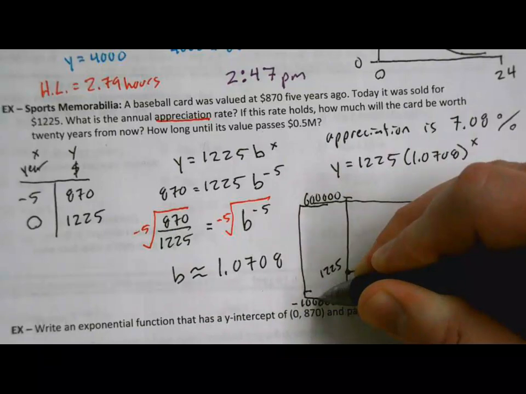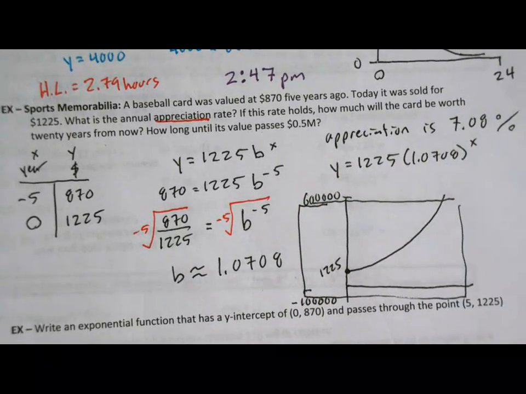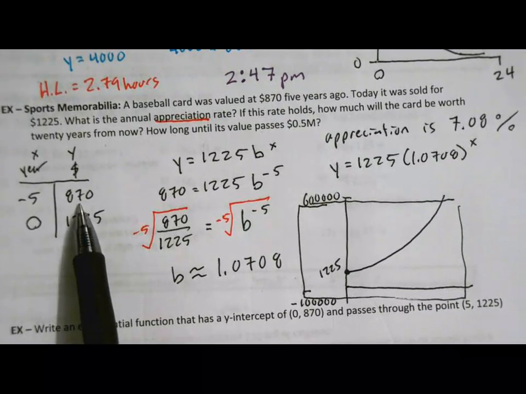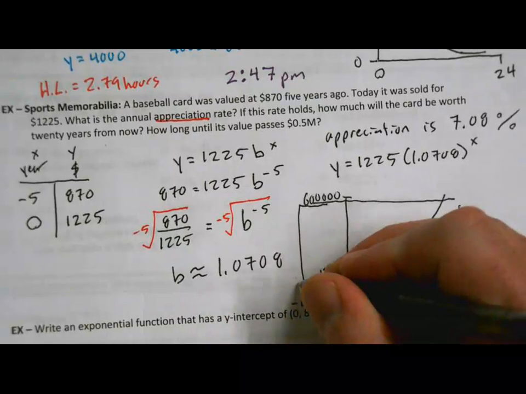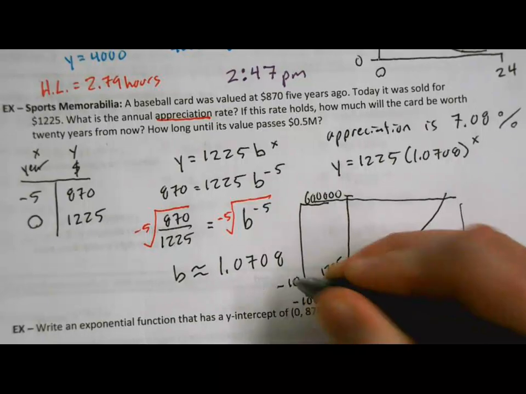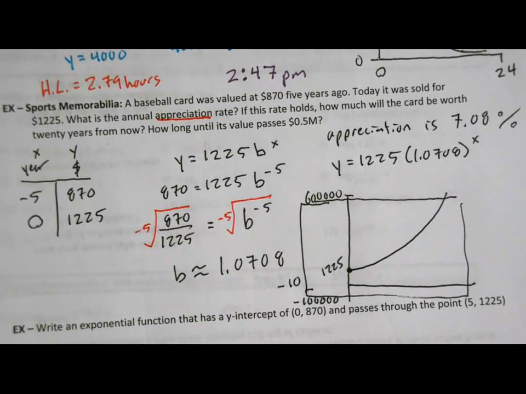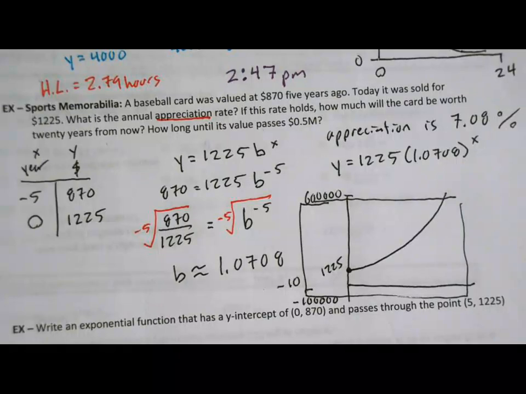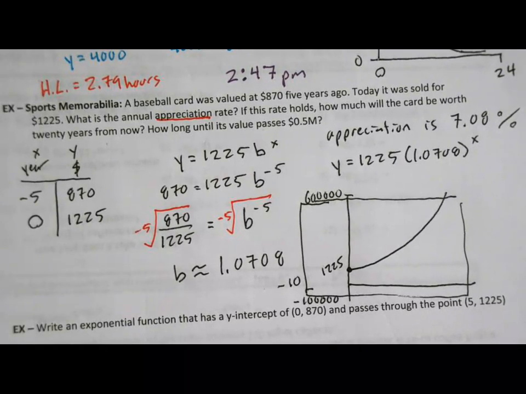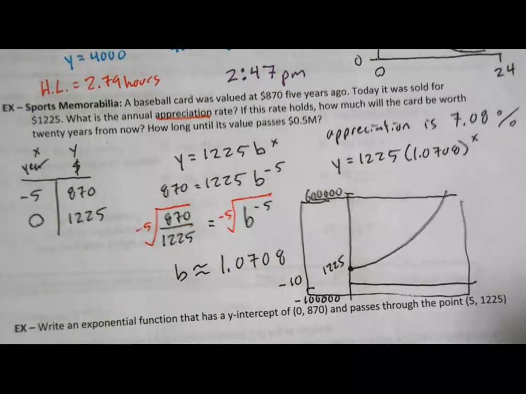I would feel a lot better about things if I could double check and make sure that this card was valued at 875 years ago. So in terms of my x's, I'm going to have it go back in time. Maybe let's have it go back in time 10 years. And how far forward in time? Your guess is as good as mine. I don't know. You want 50 years? 100 years? Let's try 50.